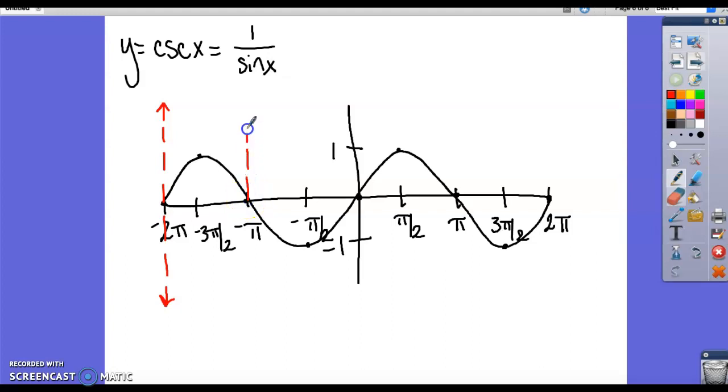So everywhere the sine function equals 0, cosecant is going to be undefined. Okay, so I'm going to have an asymptote there.